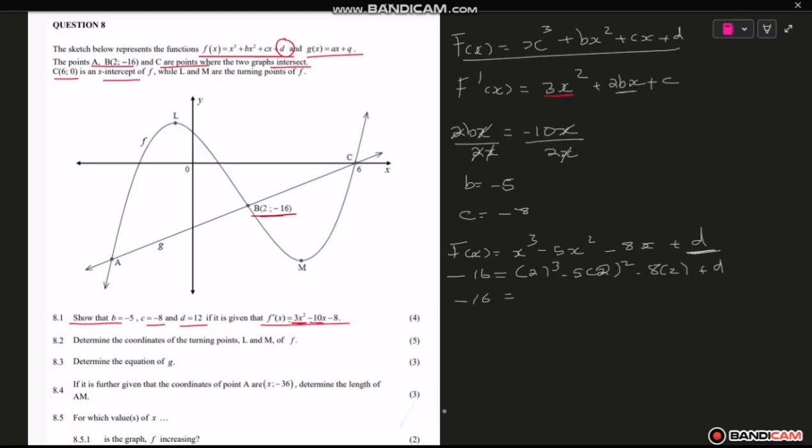We have negative 16 equal to negative 28 plus d. Then negative 16 plus 28, we're going to have 12, I guess. Yes, so this is how you solve these types of questions.